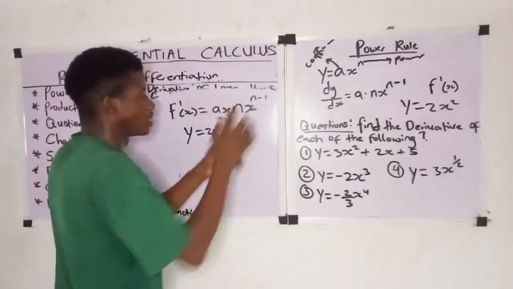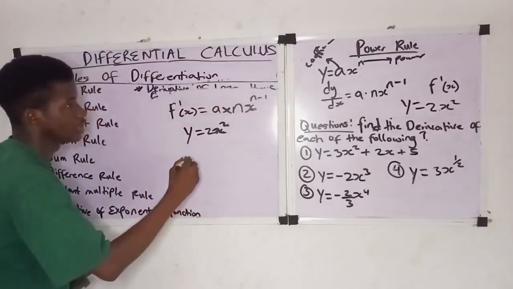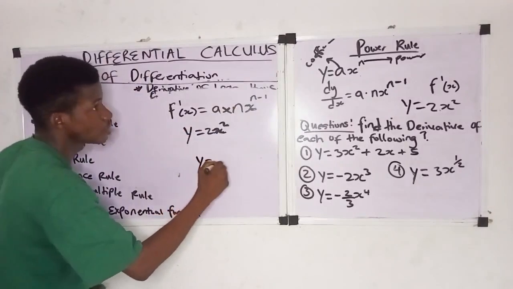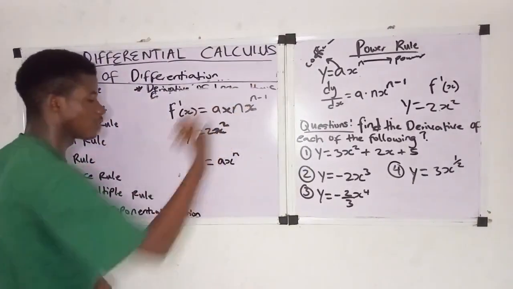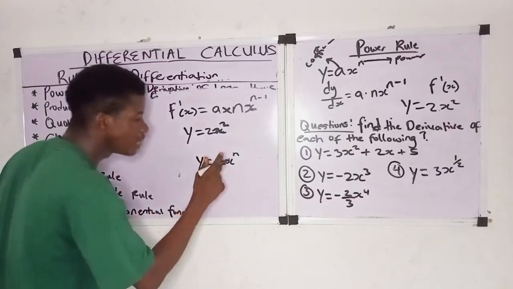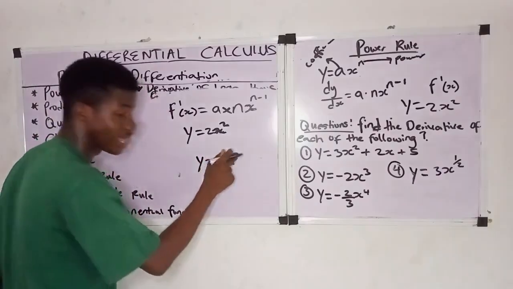Look at it. Normally we have something like this: y equals a x raised to the power n, right? How are you going to solve a question coming from the power rule? It's very easy. We multiply the variable, which is x, by the power.